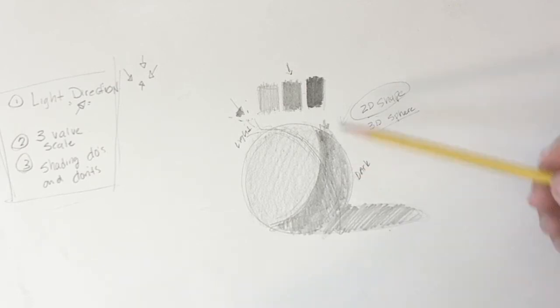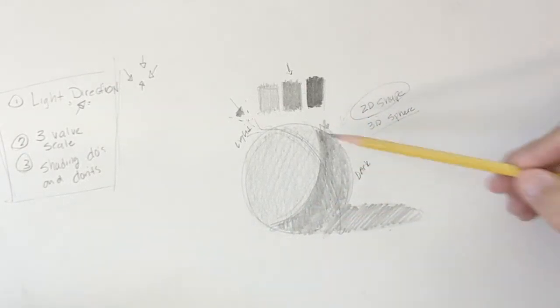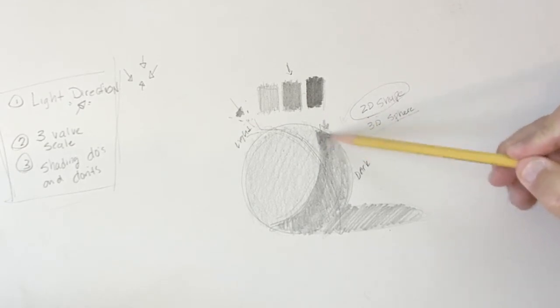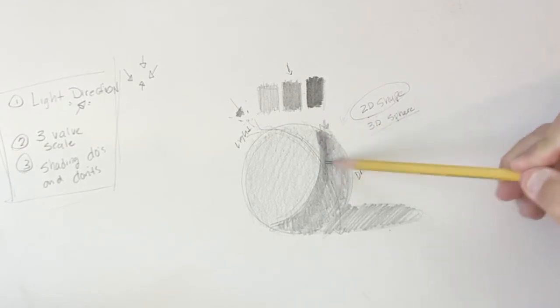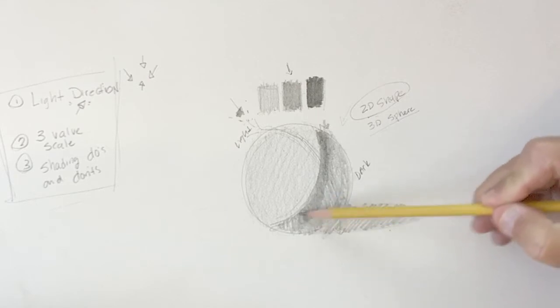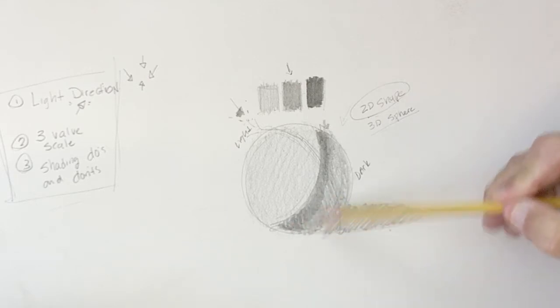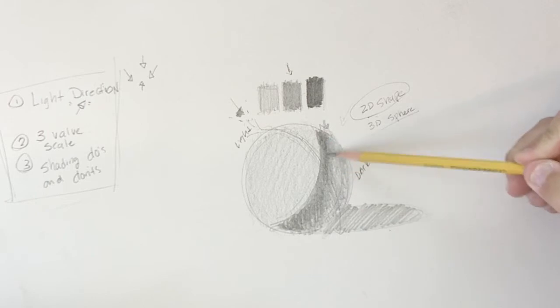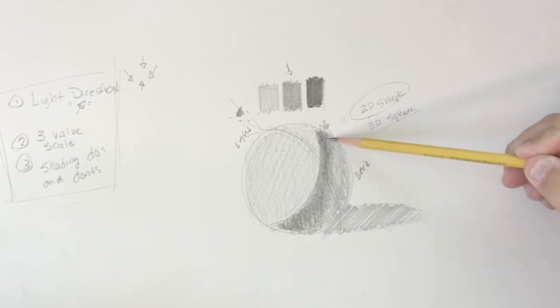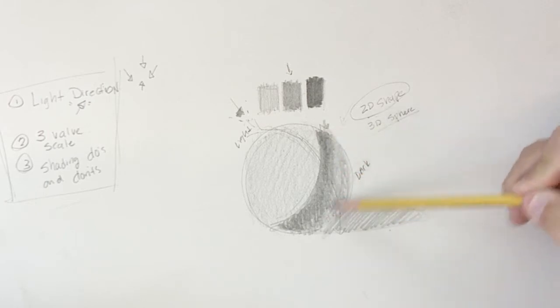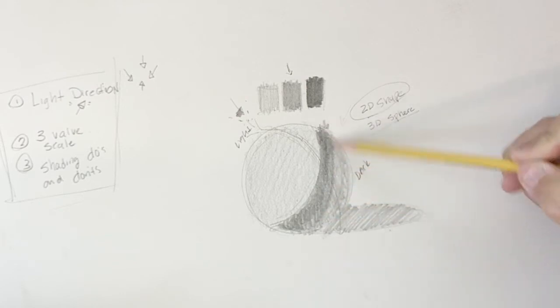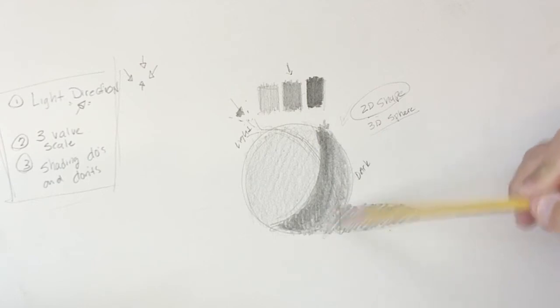All right, so let's add some more value to this to make this shape look three-dimensional. Like I said, the core shadow tends to be a little bit darker than the shadow on this side, because this is where the light is really starting to go away. Okay, so that needs to be a little bit darker, and then this area here is going to be lighter.